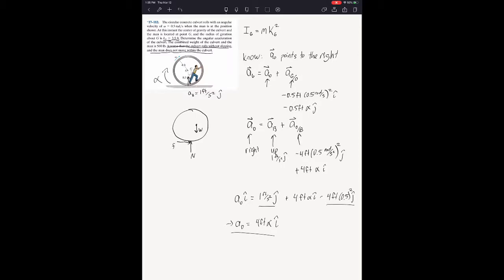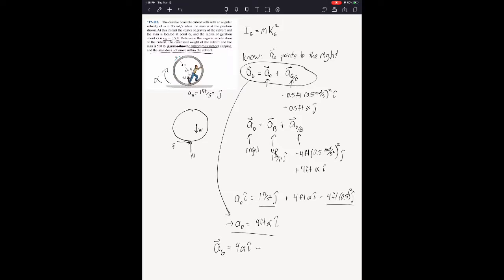I'm now going to take this equation and bring it down. I have the acceleration of G is equal to A_O, which we just found. I'm going to write 4 alpha i hat plus, and then I've got these two terms here. They're both negative, so I'm going to be ready for some minus signs.